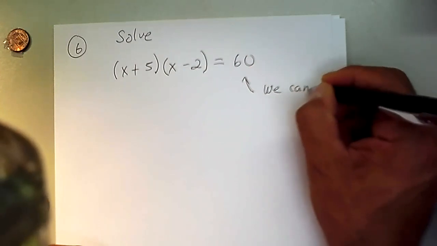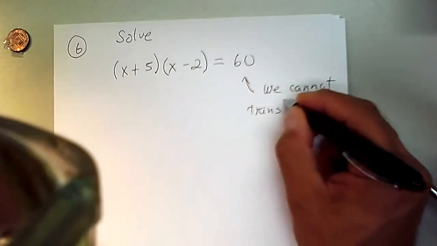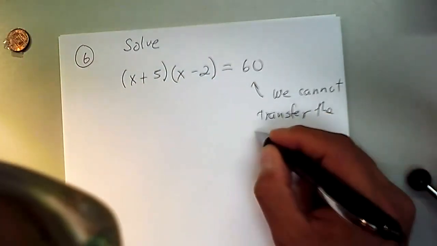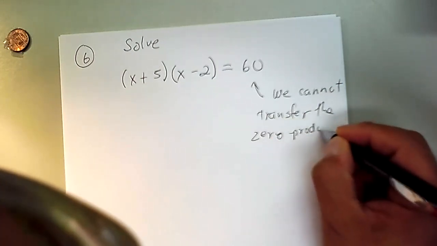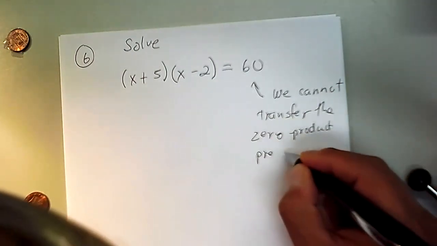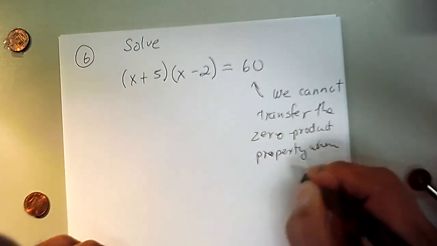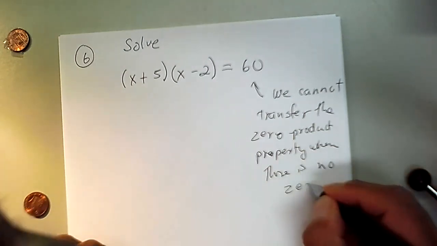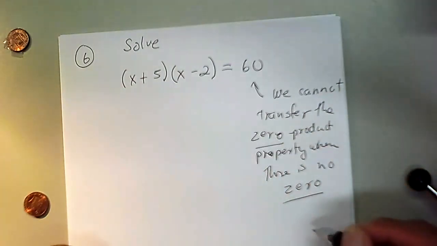We cannot transfer the 0 product property when there is no 0. That's why it is called a 0 product property.